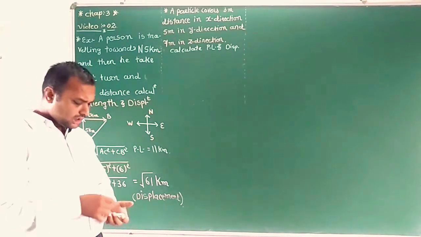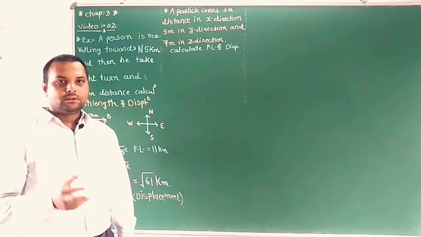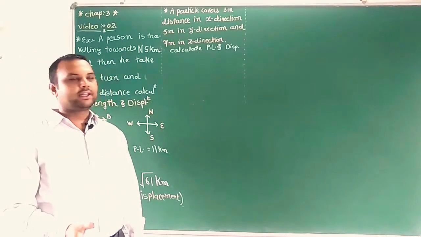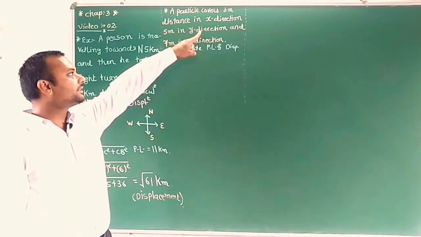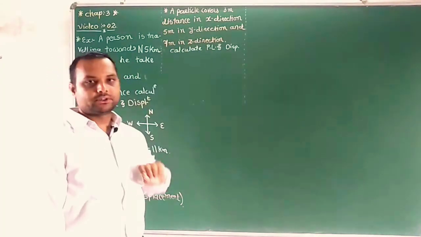So here we have solved one case of what the path length and the displacement are. One more numerical is given in the fashion of one particle, person or object that covers distance in x direction, y direction and z direction.